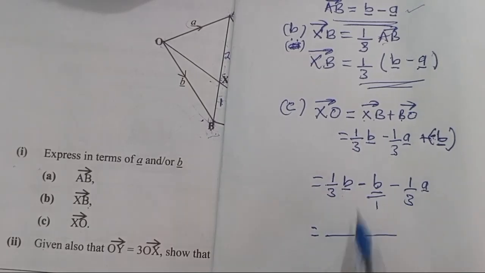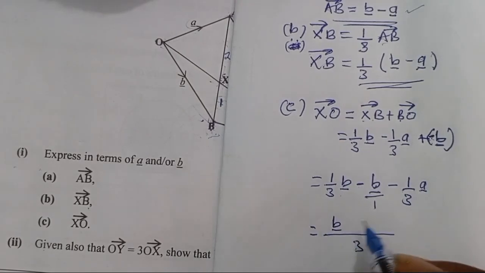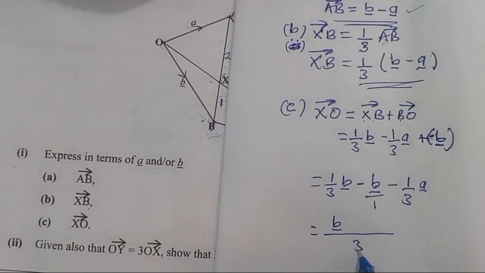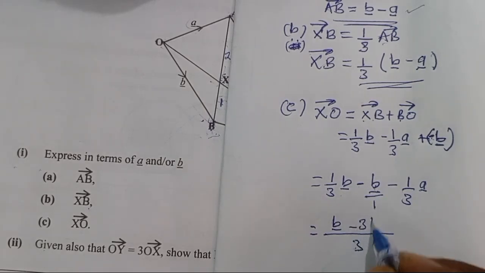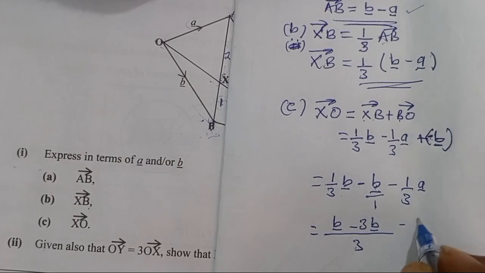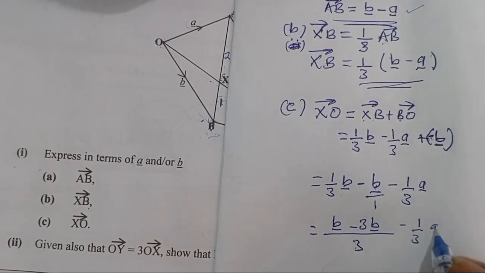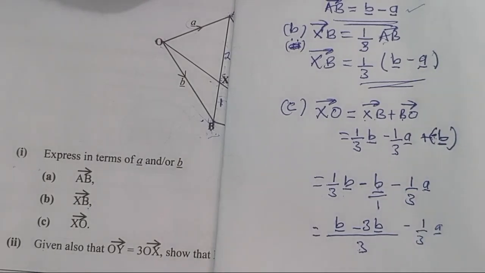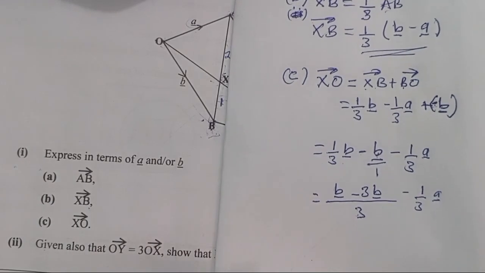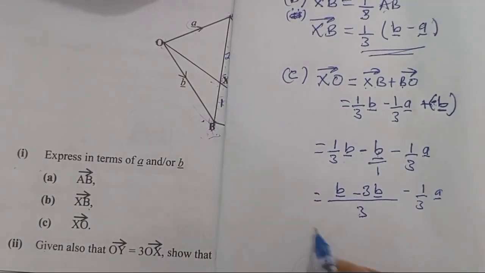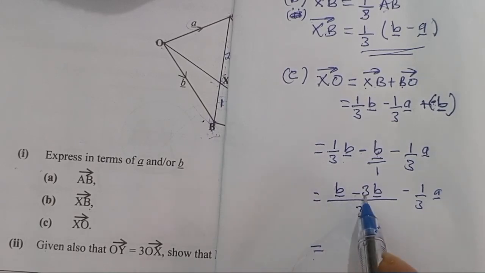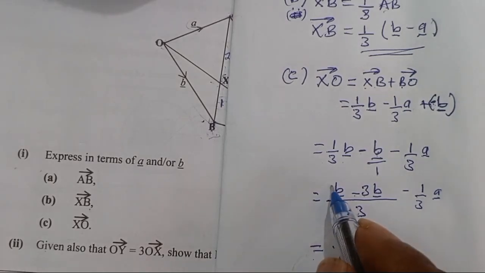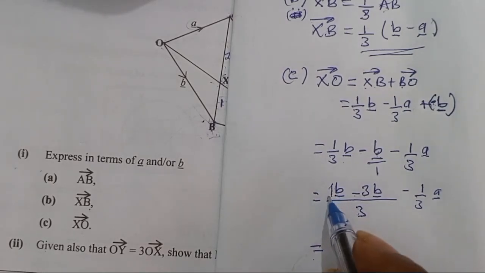So 1 times scalar B, it is scalar B. So 1 into 3, it is 3. 3 times scalar B, it is negative 3 scalar B, minus 1 over 3 scalar A. So scalar B minus 3 scalar B, in other words, here it is 1.